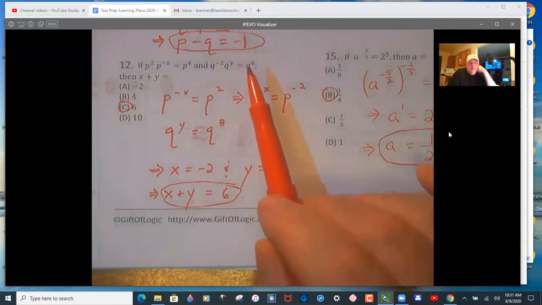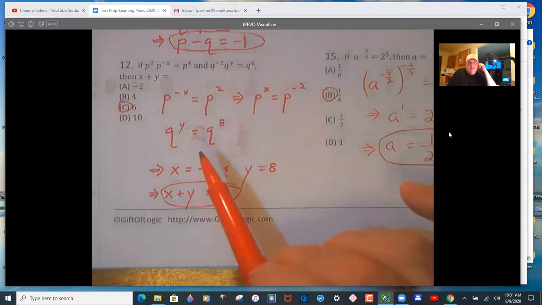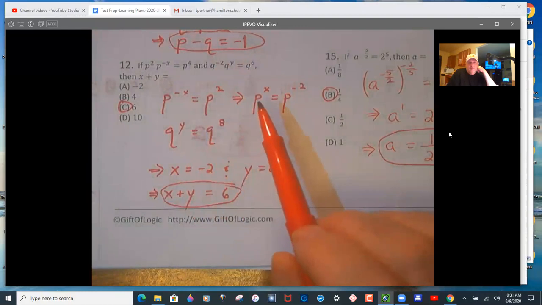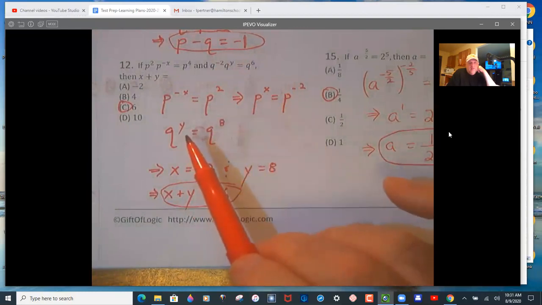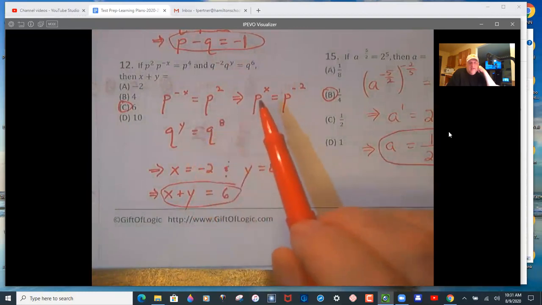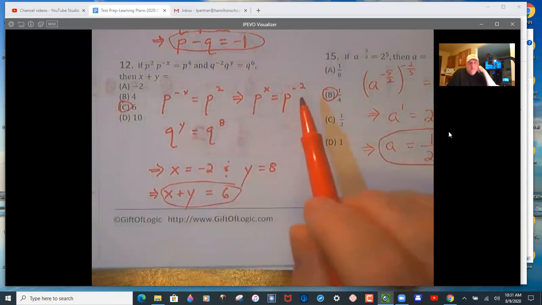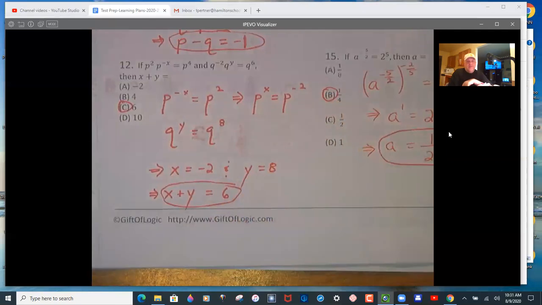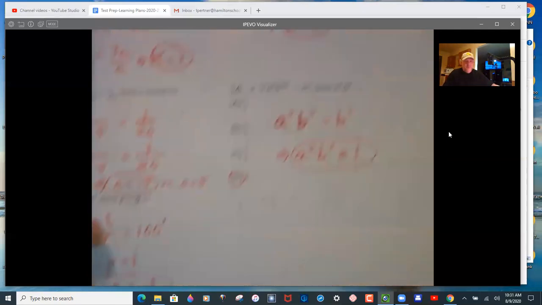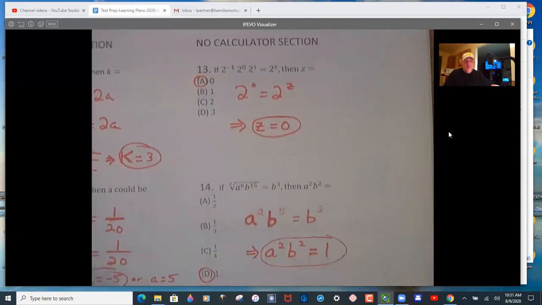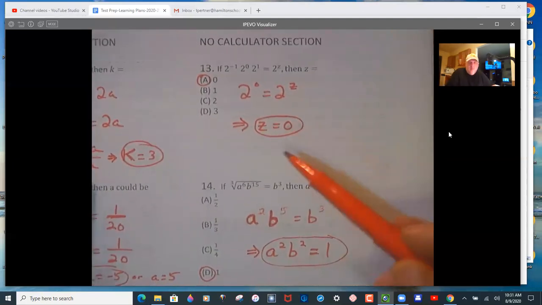Be real careful. 6 minus negative 2 is q to the 8th. So that's what p to the x and q to the y is. So x plus y is negative 2 plus 8, which is 6. That's a little bit crazy of a problem. These are very good practice problems for what you will get.